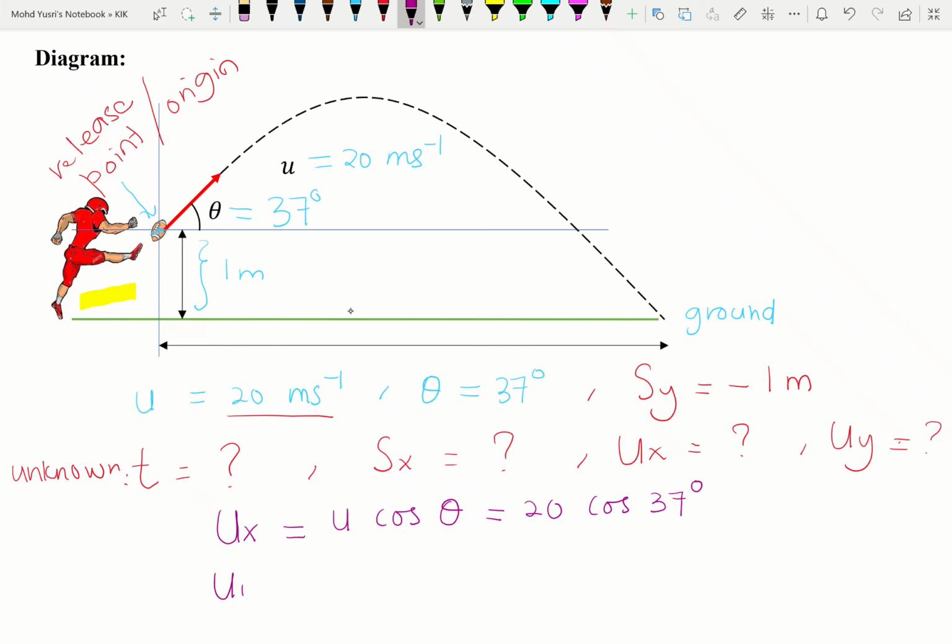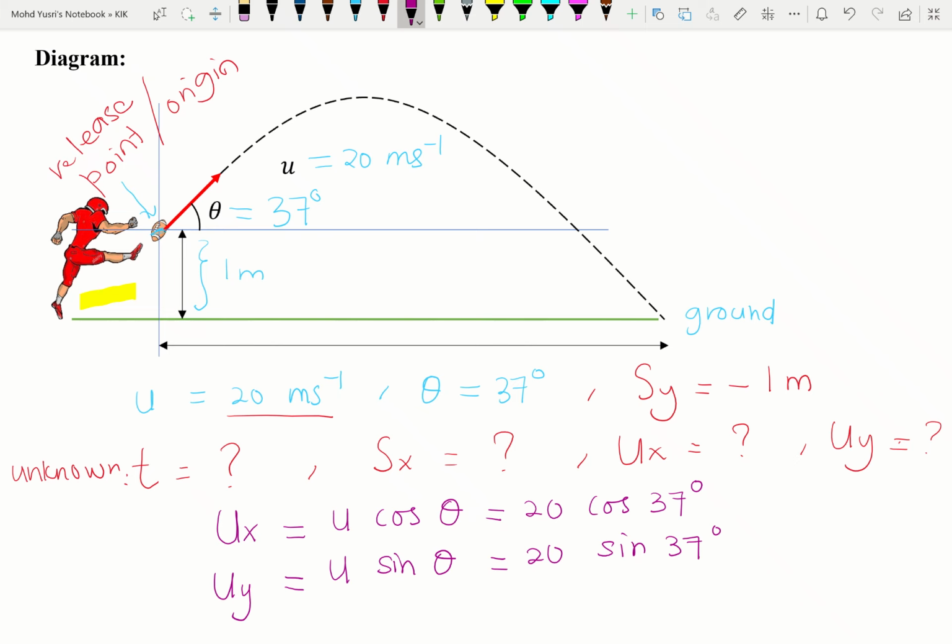Whereas to calculate the value of Uy, we are going to use the equation U sin theta, which is 20 sin 37. Now you can use your calculator to calculate the values of Ux and Uy.